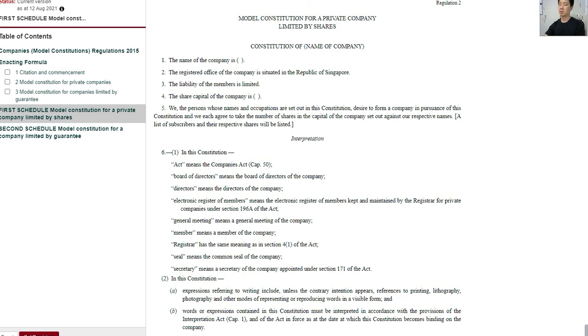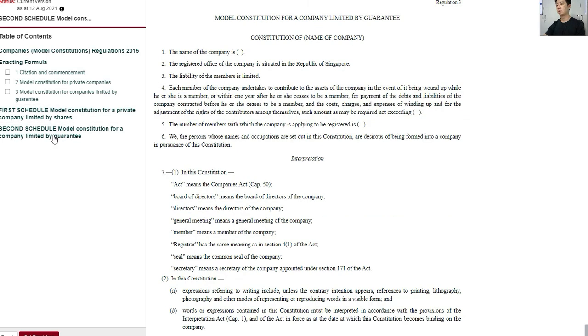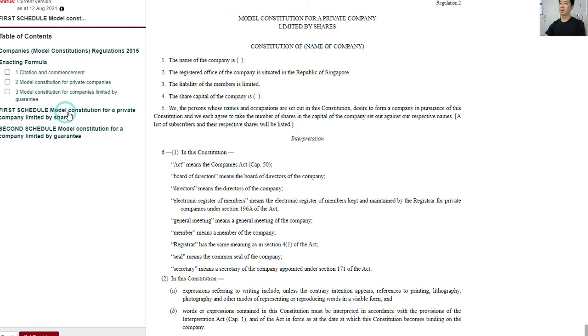If you are setting up a non-profit organization, then you'll be using this second schedule, which is the Model Constitution for company limited by guarantee. But in all cases, for companies limited by shares, if you want the Model Constitution, it is this first schedule. Okay, you can actually find it.